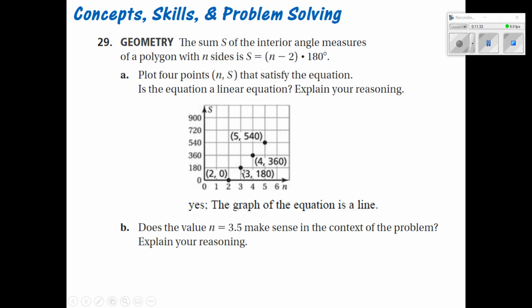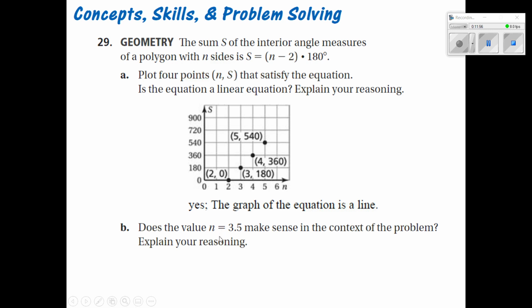So I'll have 3 at 180. Now I'll take 4. 4 minus 2 is 2, and 2 times 180 is 360. So when it's 4, I'm going to have 360. And now I can make my line to go across, and I can already see this is a linear equation.